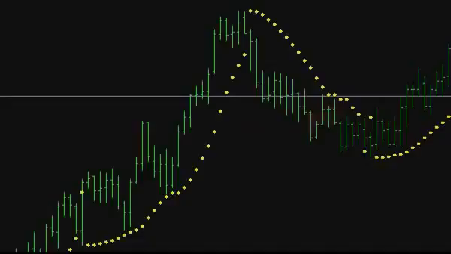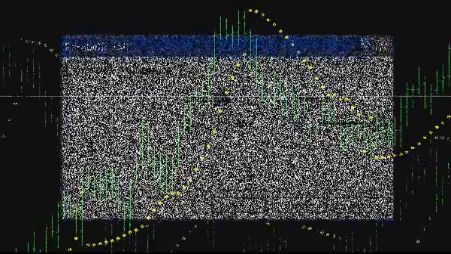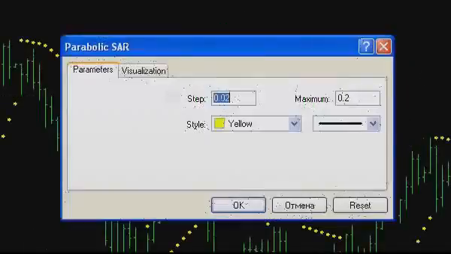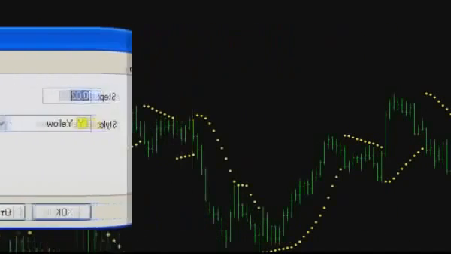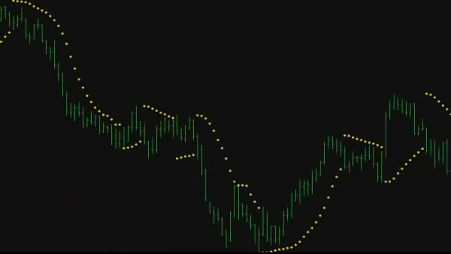The indicator parameters that we saw in the dialog window of its settings determine both the speed of the parabolic readings approximation to the price and the maximum value of this acceleration. If we talk about the practical usage of this indicator, there are two widespread ways of its application.